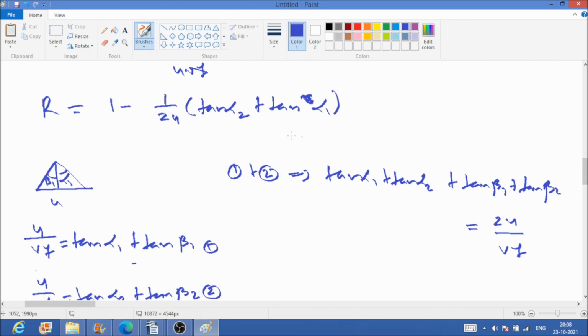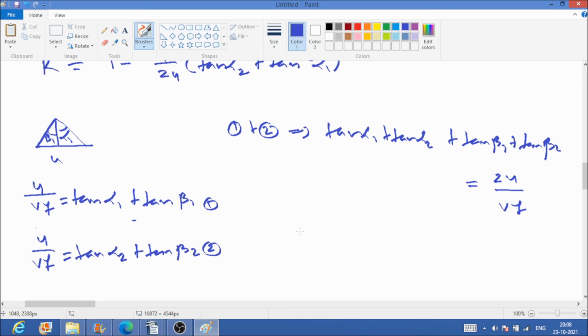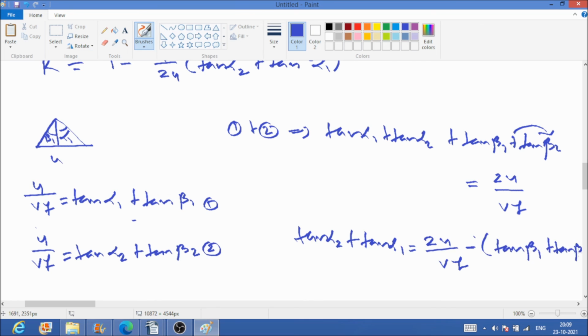Now see, I have tan alpha 2 plus tan alpha 1. Tan alpha 2 plus tan alpha 1 is equal to 2u by Vf, I take it on the other side, so this will be minus of tan beta 1 plus tan beta 2.